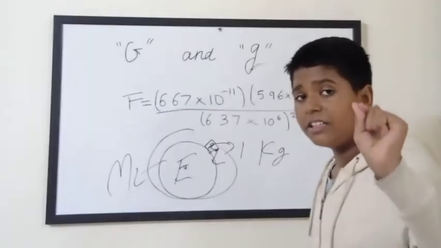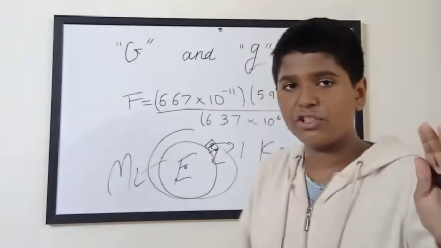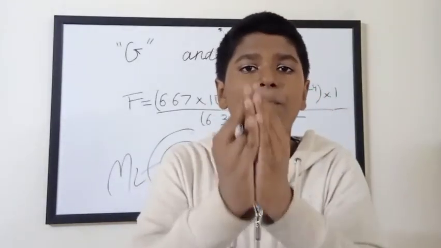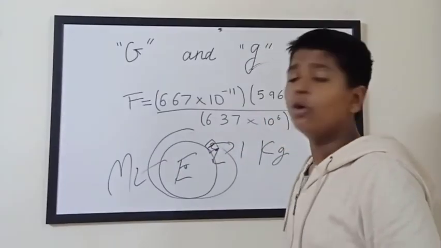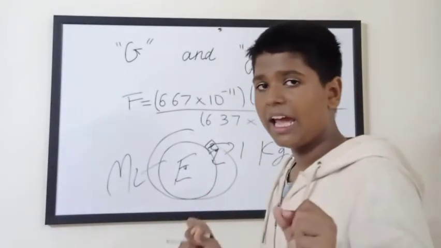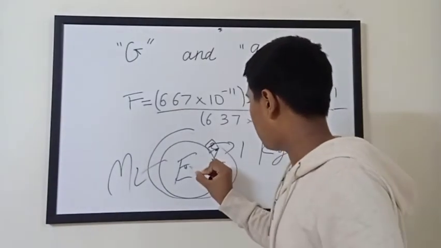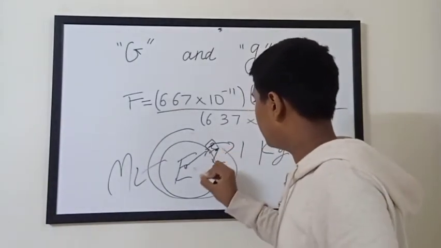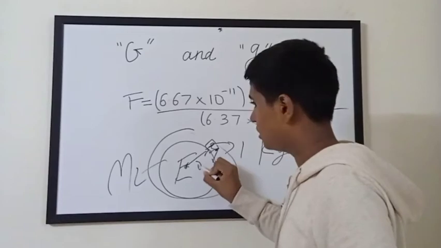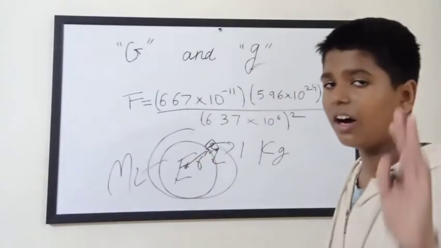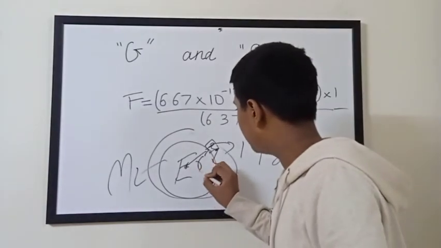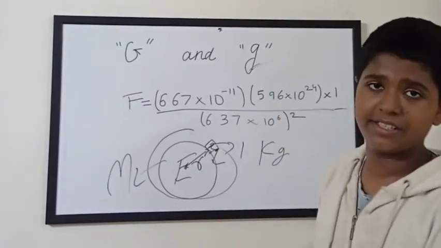Now Earth is spherical, or actually geographically Earth is an oblate spheroid, but if we need to solve this equation, we need to take Earth as a sphere. Now the distance, the r between the box and the Earth, will be its radius.